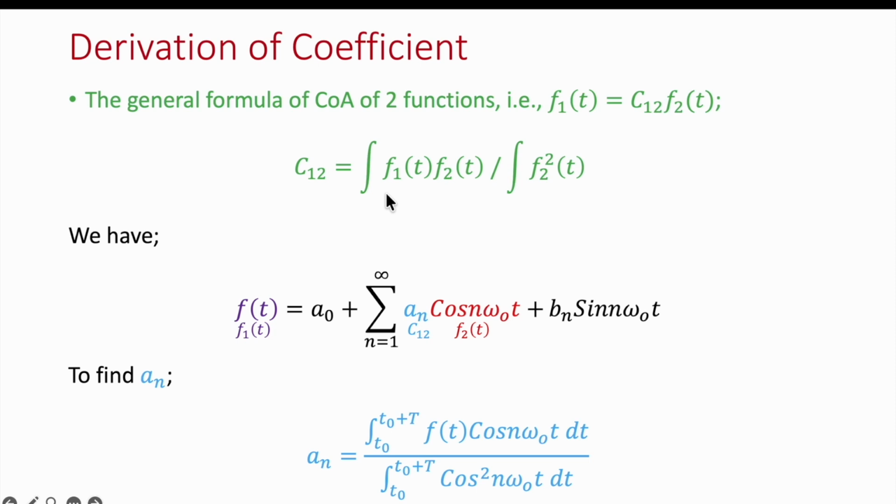The integral has limits from t naught to t naught plus capital T. The first function is f of t, the second function is cos n omega naught t dt, divided by the integral of the square of the second function, with limits t naught to t naught plus capital T, of cos square n omega naught t dt. So this is the even coefficient.